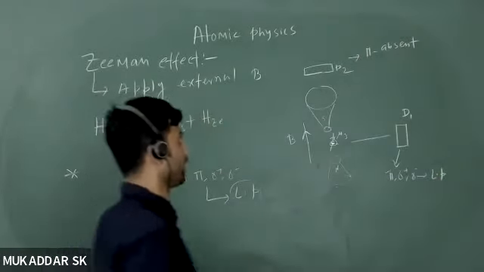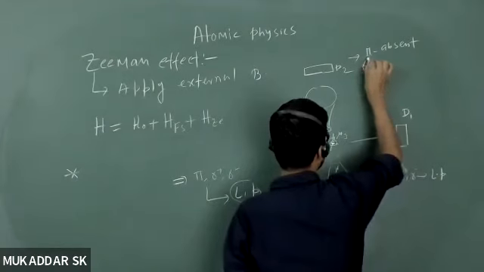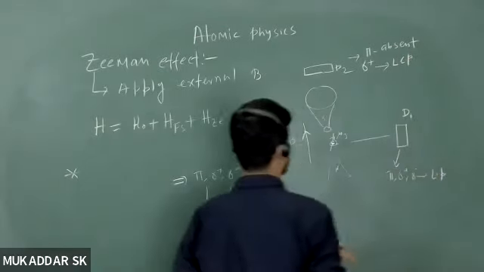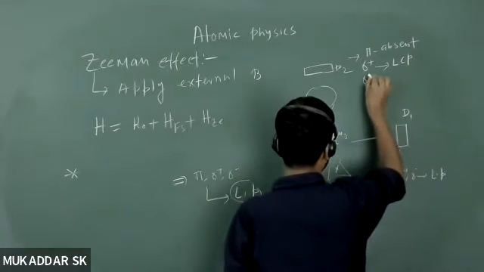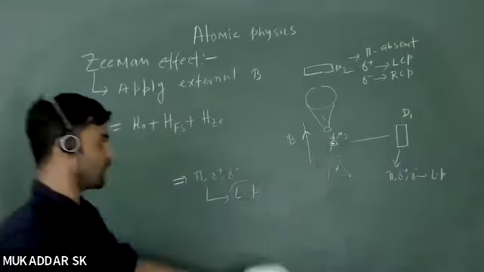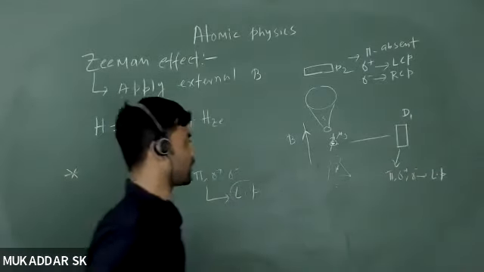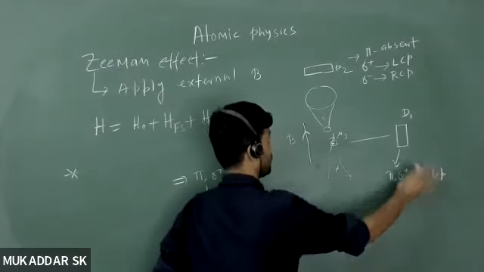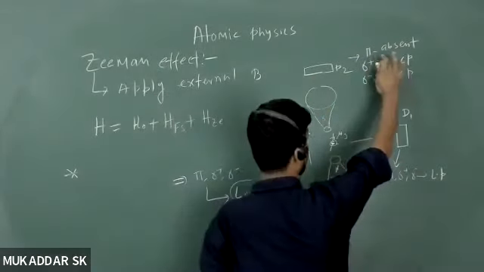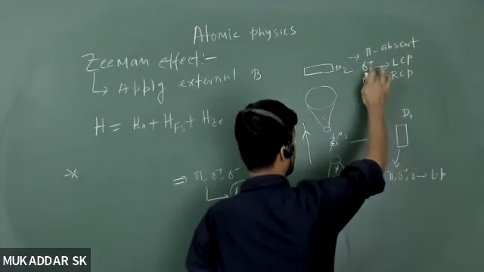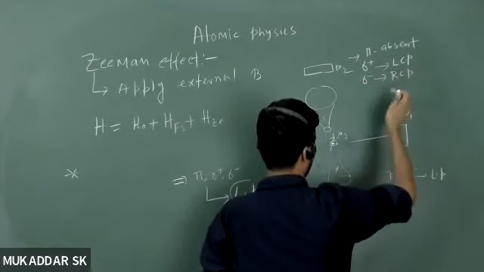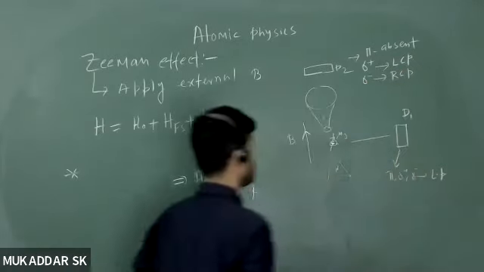You will see sigma plus type of photon, that is left circularly polarized, and sigma minus type of photon, that is right circularly polarized. So in the perpendicular direction, all three types of photon will be present and all are linearly polarized. But parallel to the applied magnetic field, in the D2 detector, the pi photon will be absent, sigma plus will be present, left circularly polarized, and sigma minus will also be present, right circularly polarized.